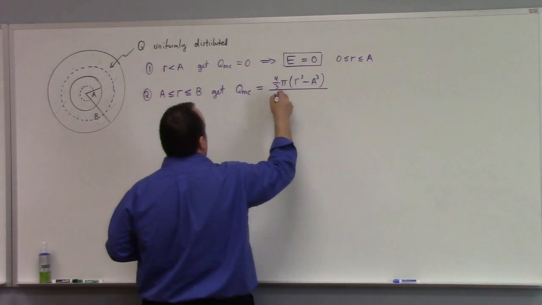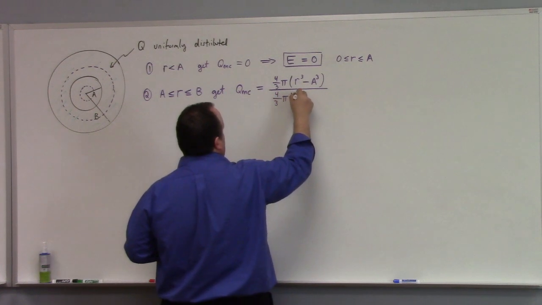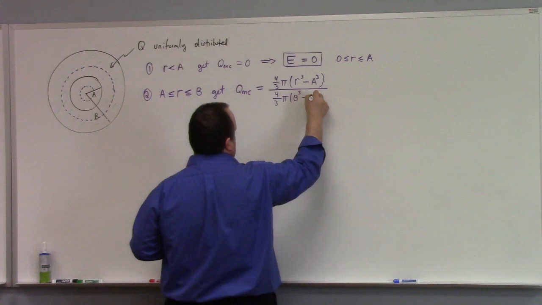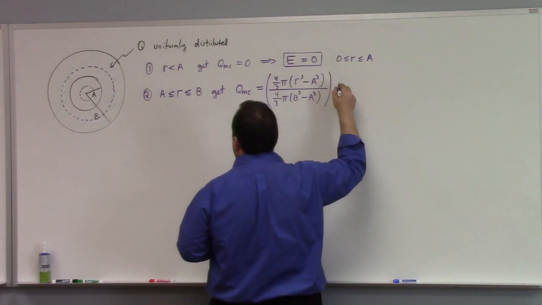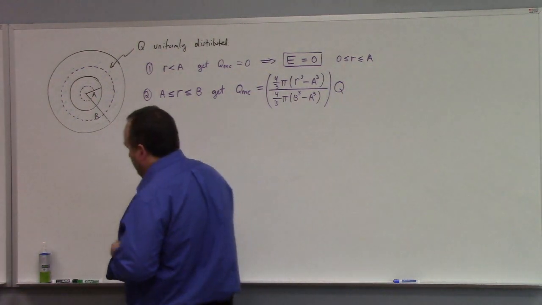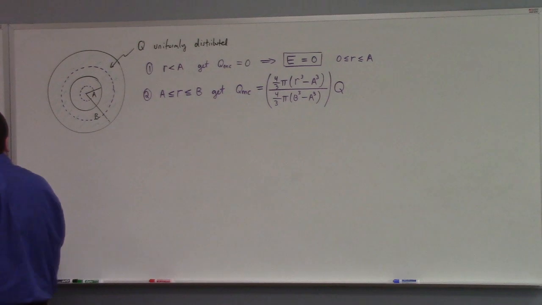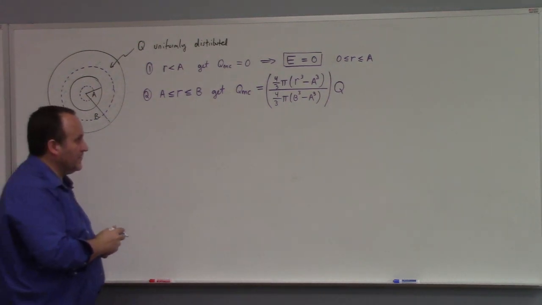Now the whole charge is distributed over 4/3 pi B cubed minus A cubed. We talked about this a few times in class, I think. That's the ratio of the volume that's subtended by that Gaussian sphere. So I multiply by Q, and that gives me the charge enclosed inside my Gaussian sphere there. And of course, then I apply Gauss's law.